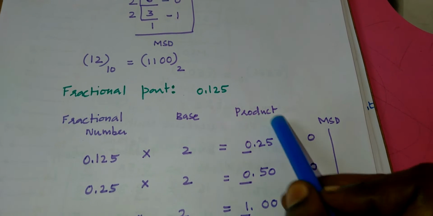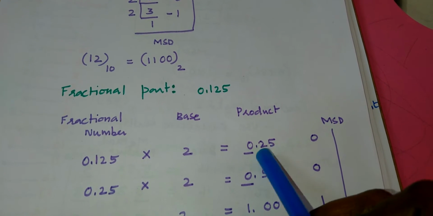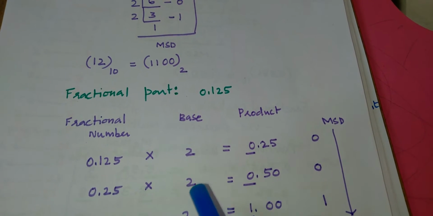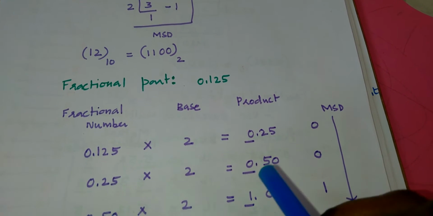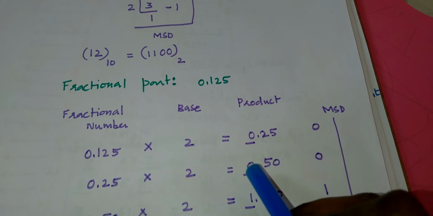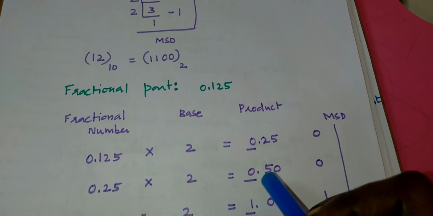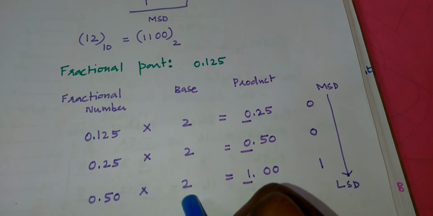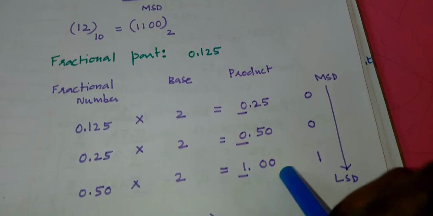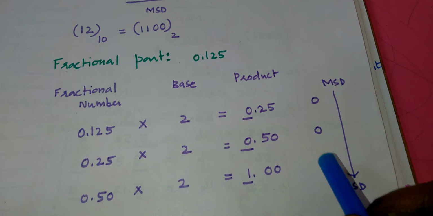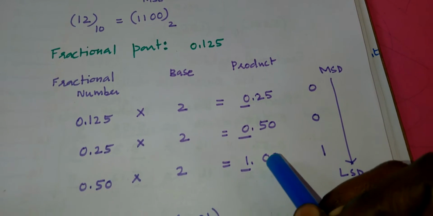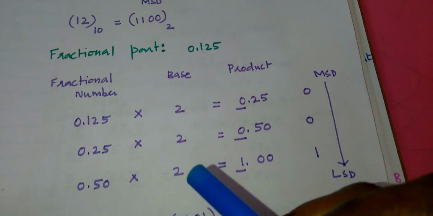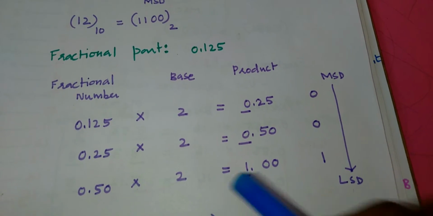Take only the whole number for the answer and take the fractional number for the multiplication again. Again take the whole number for the answer, take the fractional number for multiplication, and multiply these two values, and you will have 1.00. Now take the whole number for the answer. Again this is 0 and we can't continue the successive multiplication steps, so stop here.